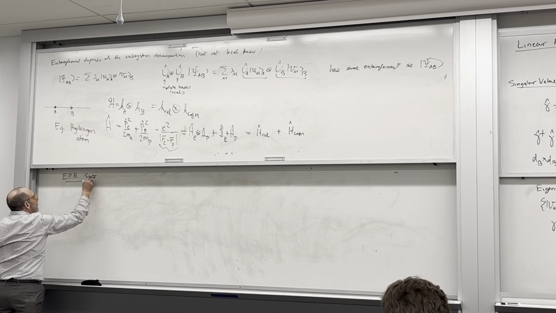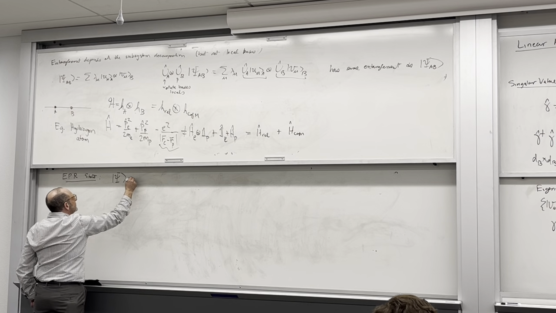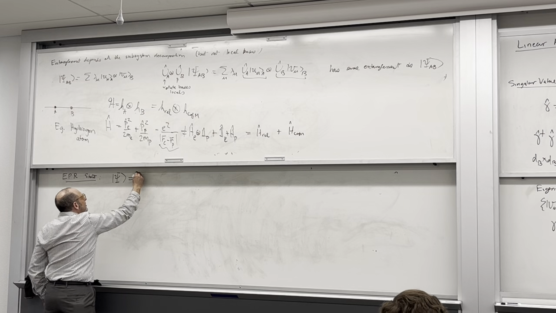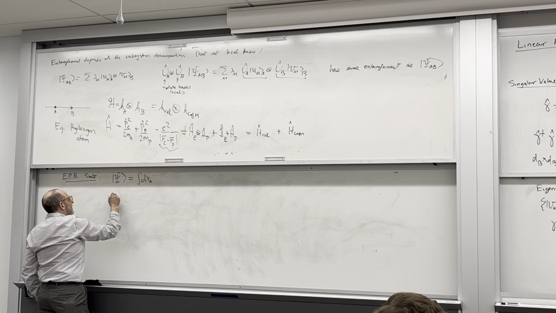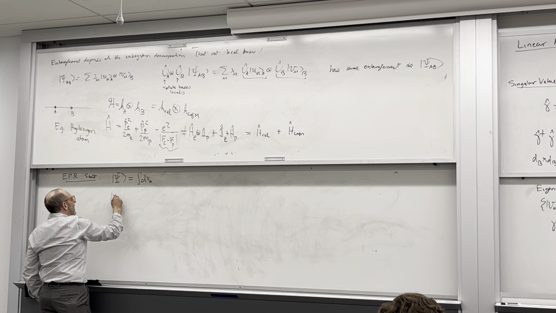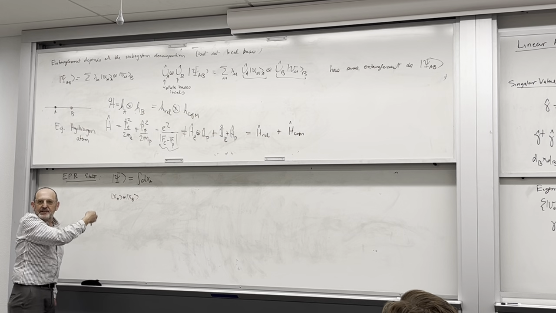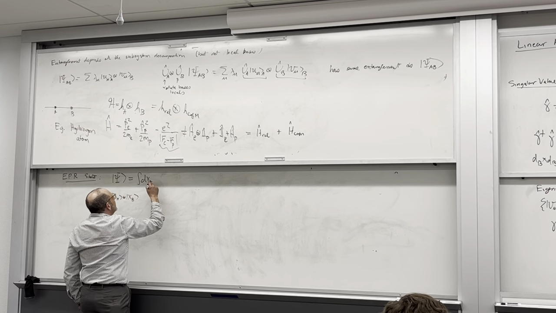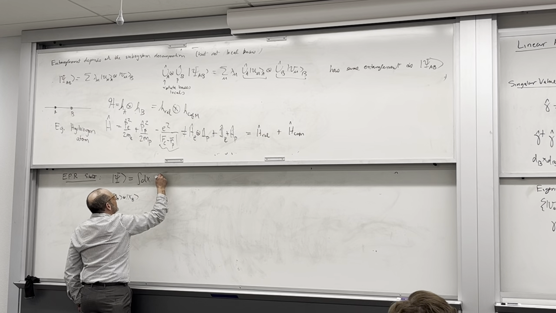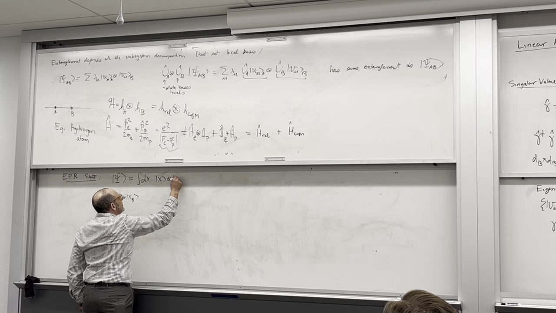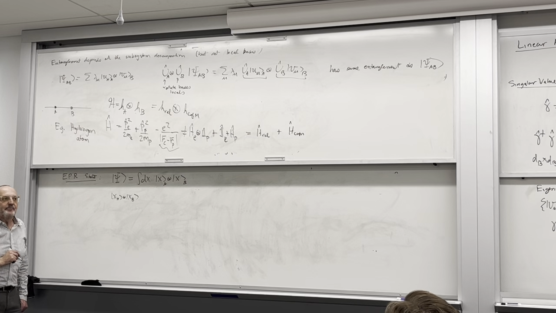It's not a normalizable state, but it's a state we can think about in principle. I can think about it in the position basis. The position basis has XA tensor XB. That's the position basis for the two particles. But in this case, what I have is that the two guys have the same position because their relative distance is the same.